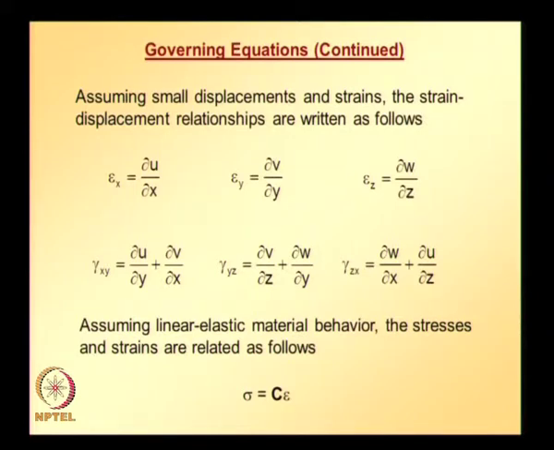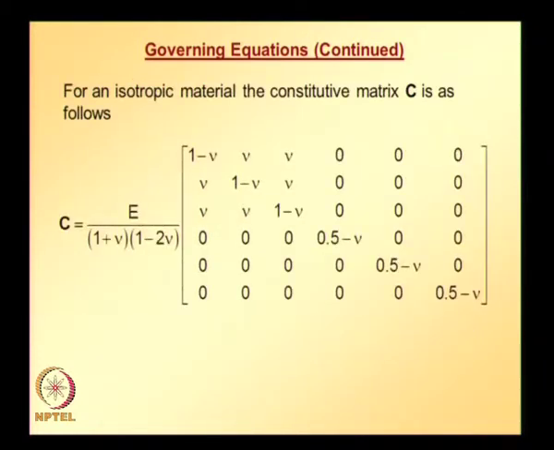For isotropic material, the constitutive matrix C is as follows, where E and mu are Young's modulus and Poisson's ratio.